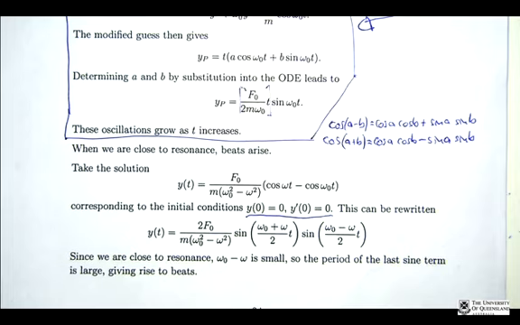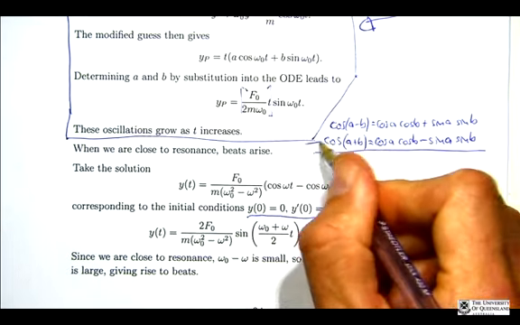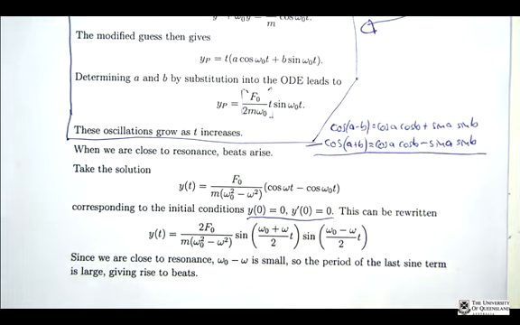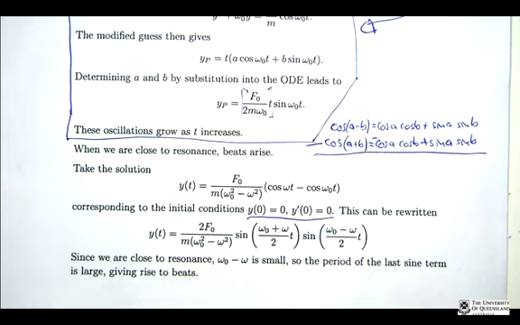Now if I take the difference of those two cosine terms, I'll just add in a minus sign here and a plus sign there.